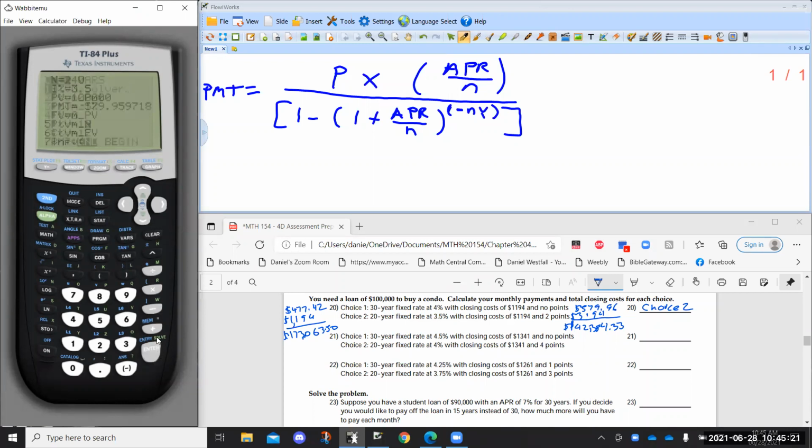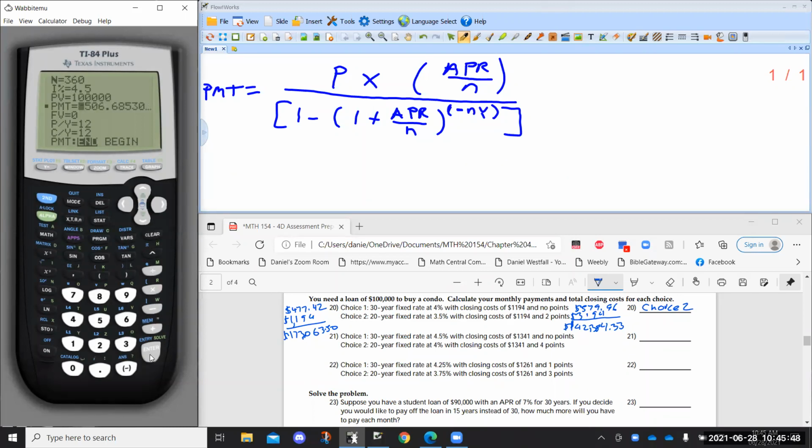30 years. And 4.5%. And same $100,000. No points.